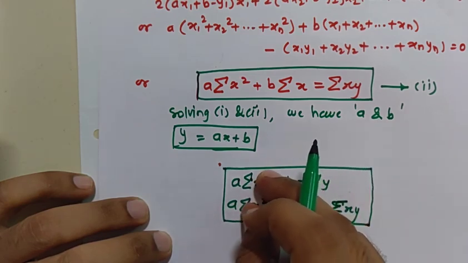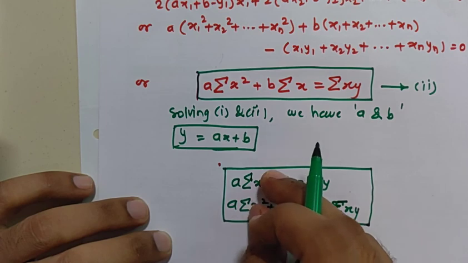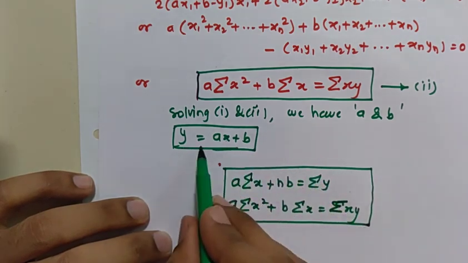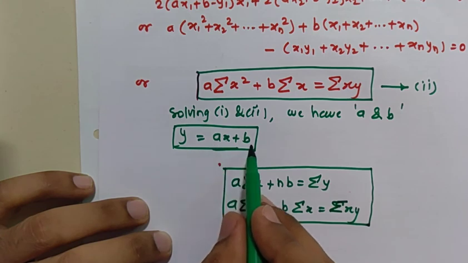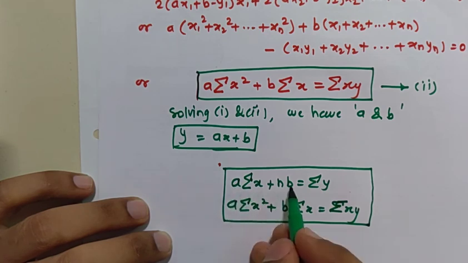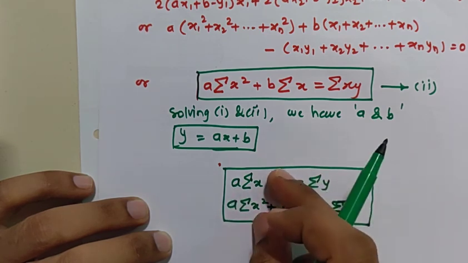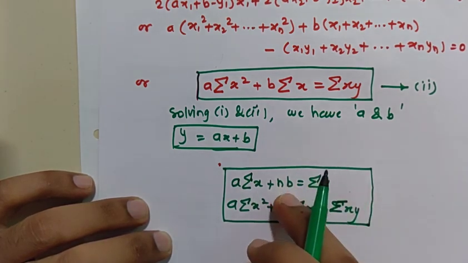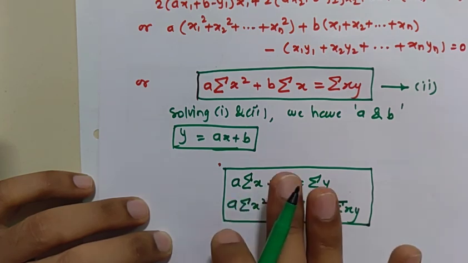These are called characteristic equations according to the least square criteria, and with these we can fit the straight line equation y is equal to ax plus b. With these two equations we can get the values of a and b by solving them, and the summation x, summation y, summation x square, summation xy terms you will get by observing a summation table.